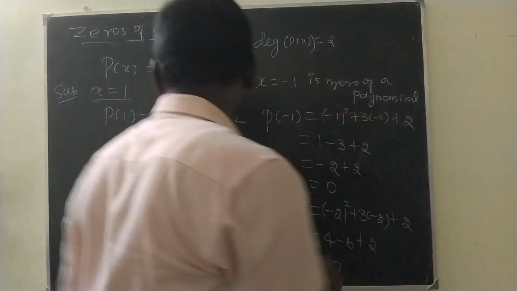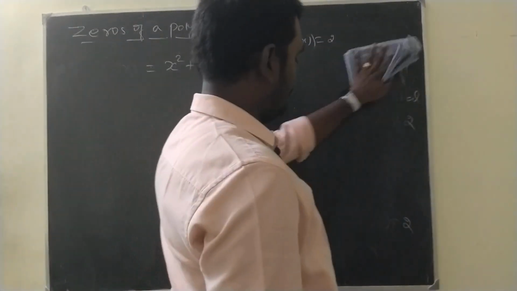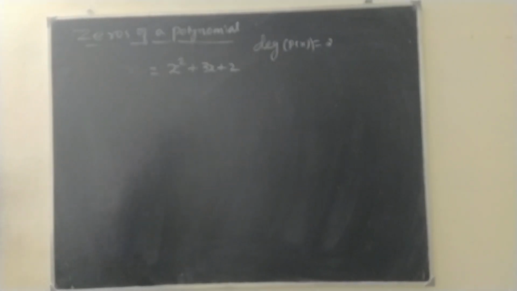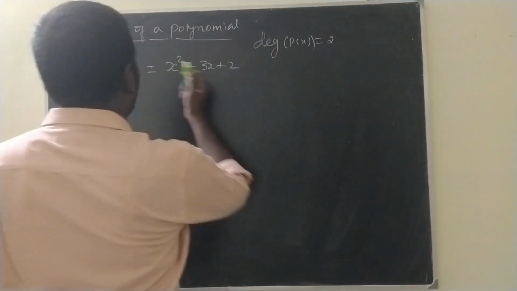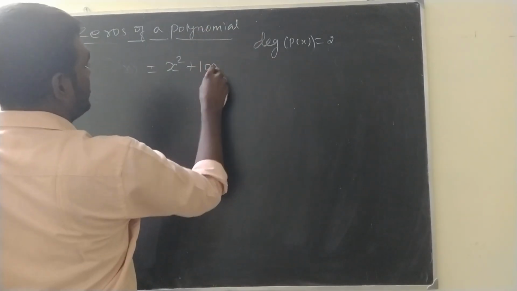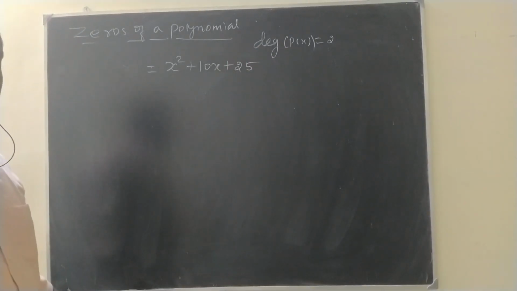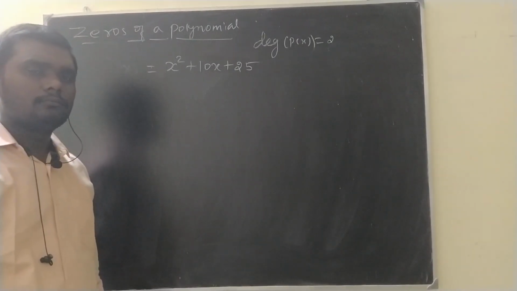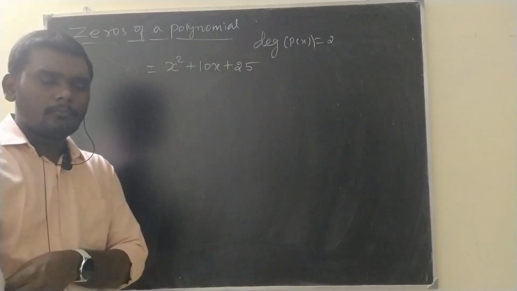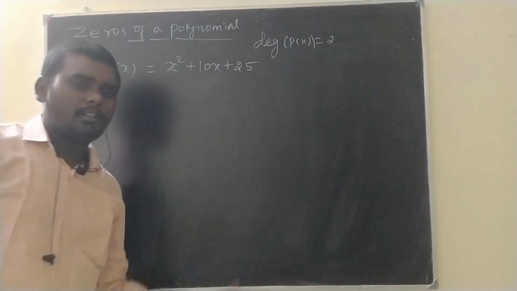I'll give you another example. Here x square plus 10x plus 25. Now, in this, if you substitute x is equal to 1, 2, you may substitute anything.